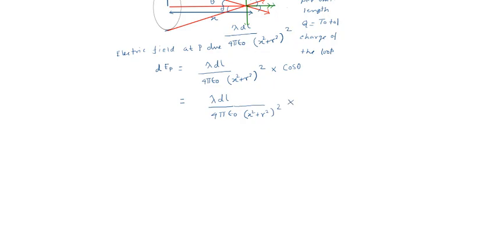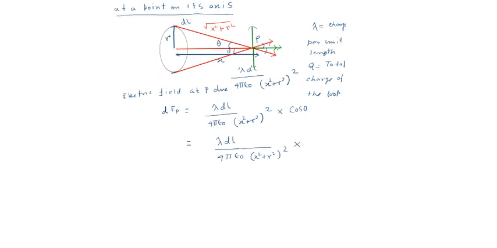As you can see from the diagram, cos theta will be x by root over of x square plus r square.